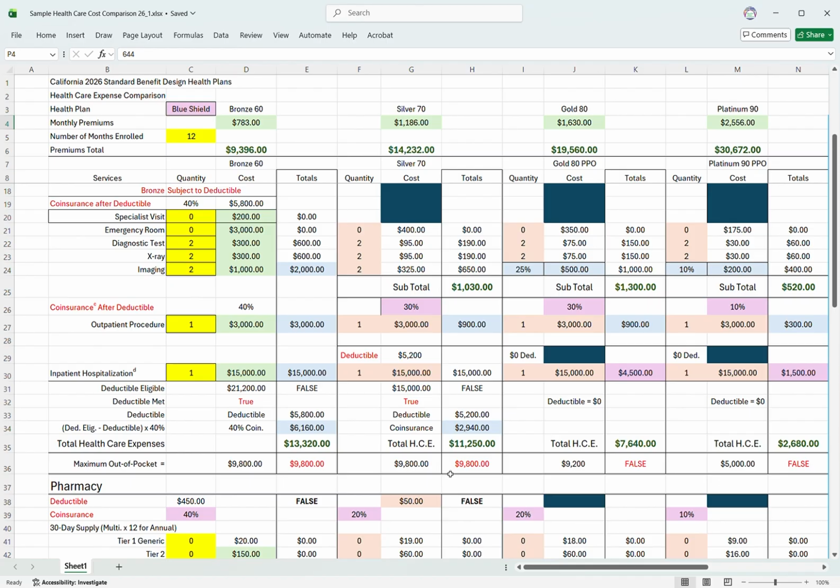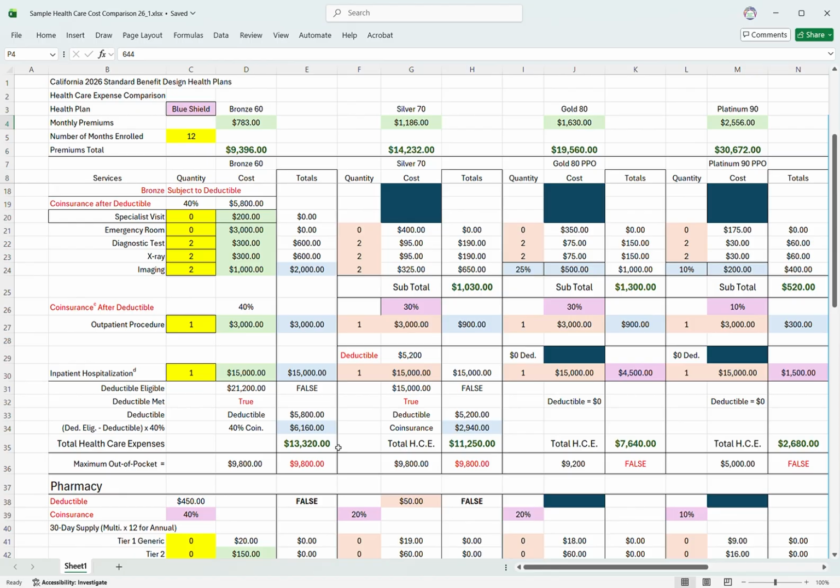That's your maximum liability. With the bronze plan, I total up all of the services, the deductible has been met, and then go through subtracting $5,800 from the total eligible services subject to the deductible, and then multiplying that times 40%, and that came out to $6,160 for a total $13,320.